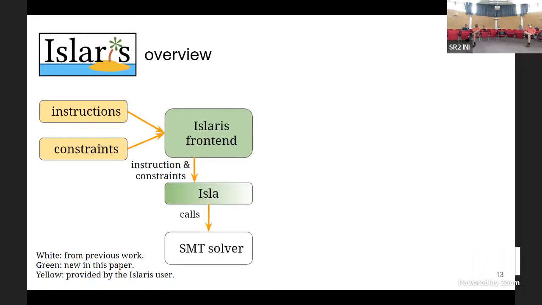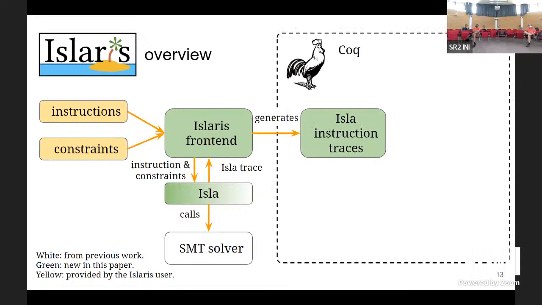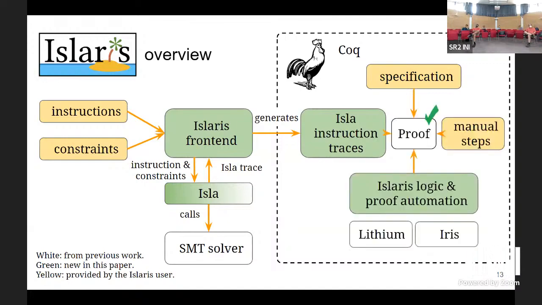Isla uses an SMT solver to simplify them, and gives you back a bunch of traces, per-instruction traces. The Islaris front end then translates those traces into a Coq data type. And in Coq, you can write down the specification you want to prove. Then you prove it using our program logic and ideally also mostly our automation in Coq.